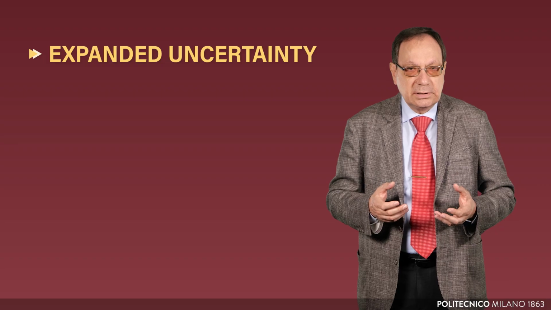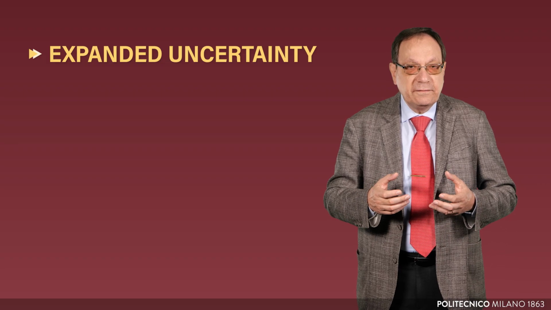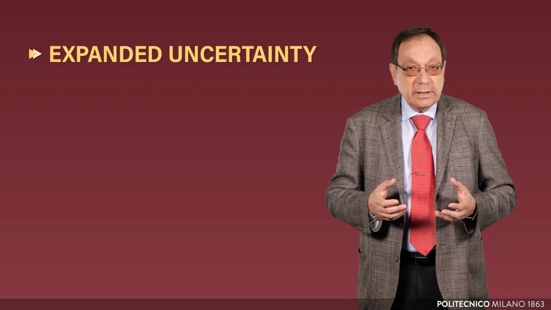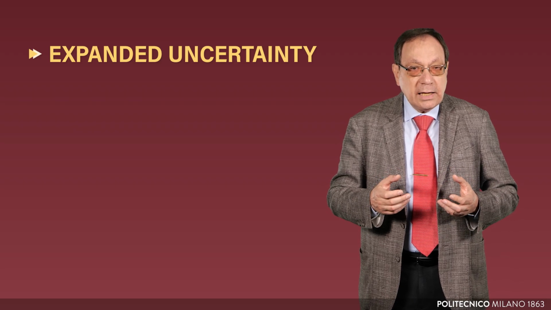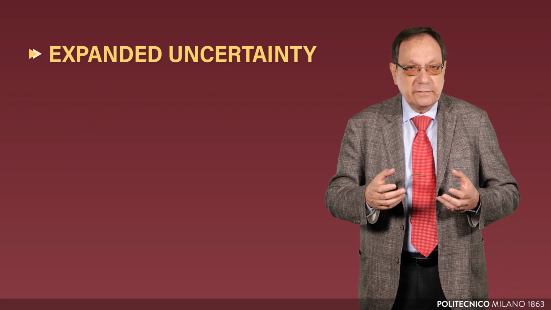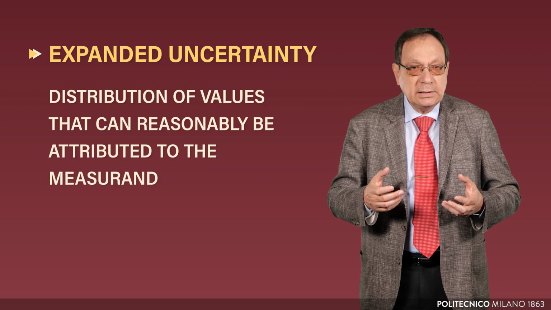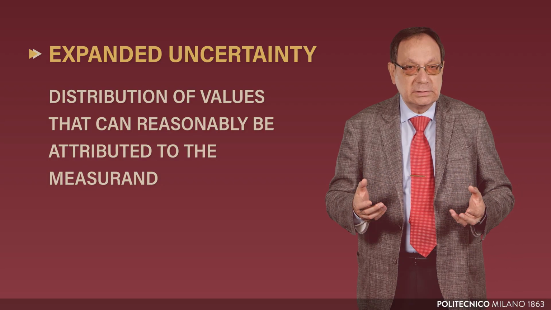The GAM defines for this purpose the expanded uncertainty as a quantity that defines about the result of a measurement an interval which is expected to encompass a large fraction of the distribution of values that can reasonably be attributed to the measurand.